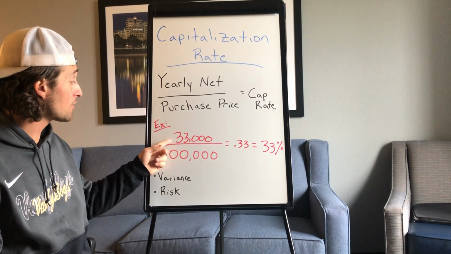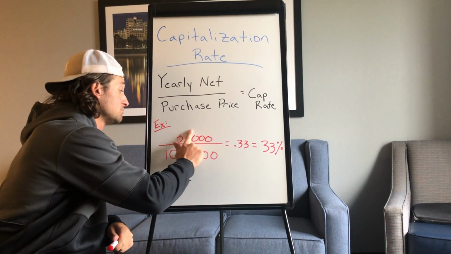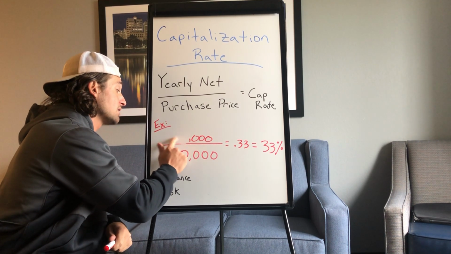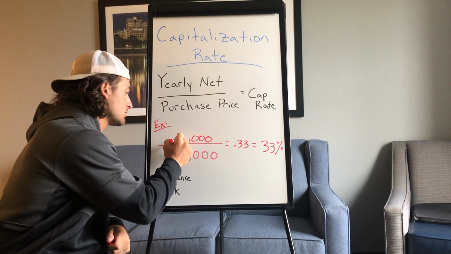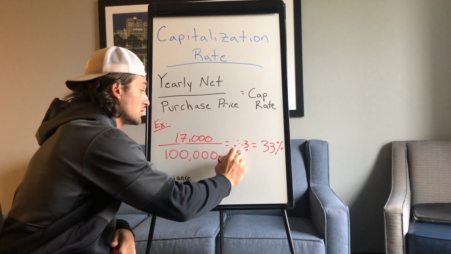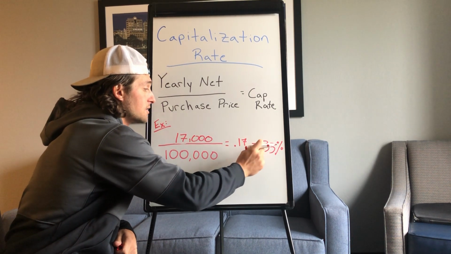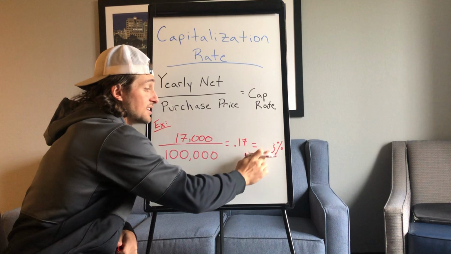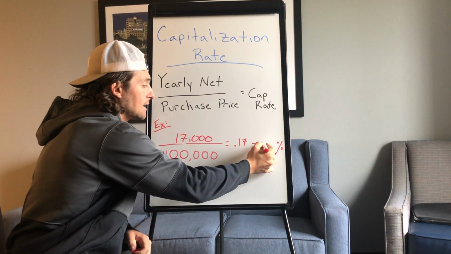So instead of making 33,000 that year, I only make, I don't know, what if I was operating at 50% vacancy? So I only make about $17,000 that year, okay? So then obviously this changes to 0.17, or 17%, which is still crazy, crazy high, right?